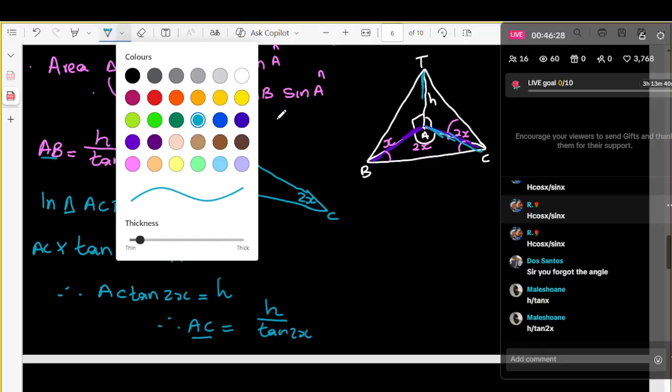In the formula, the area of that triangle ABC equals half of AC times AB, the sine of, what was the angle? The sine of A.